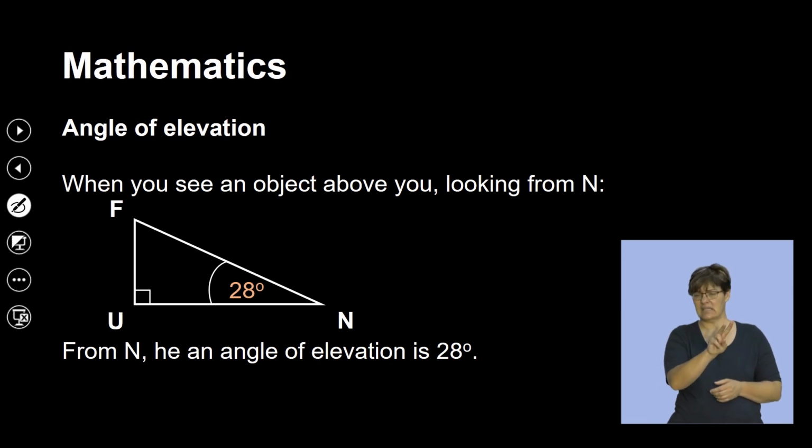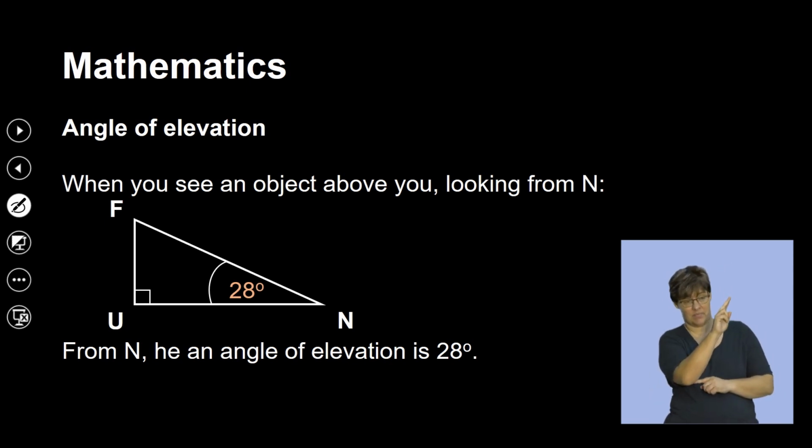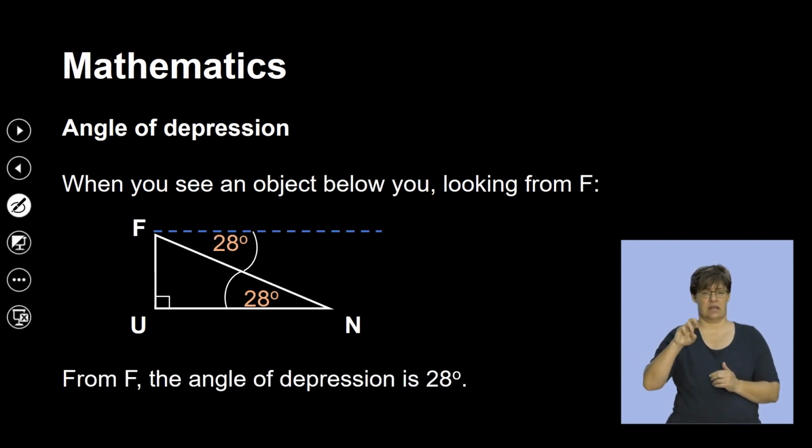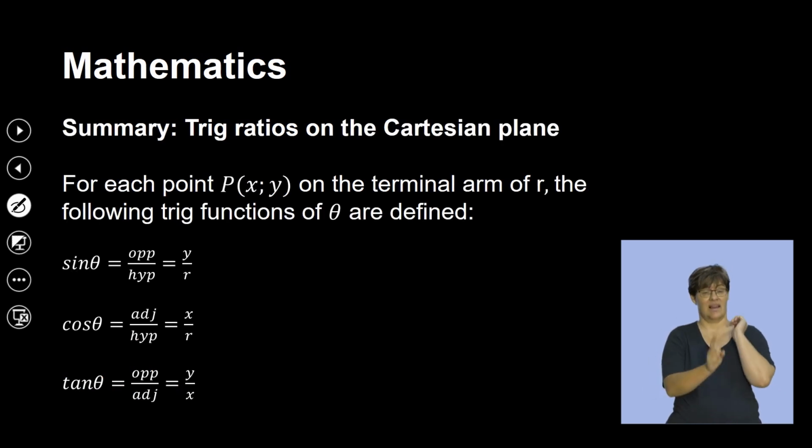Also, when you see an object above you, looking from below, we are talking about the angle of elevation, and if you're looking at it below you, we're talking about the angle of depression. And then lastly, for each point, we're now going to use x, y, and r to talk about the ratios.